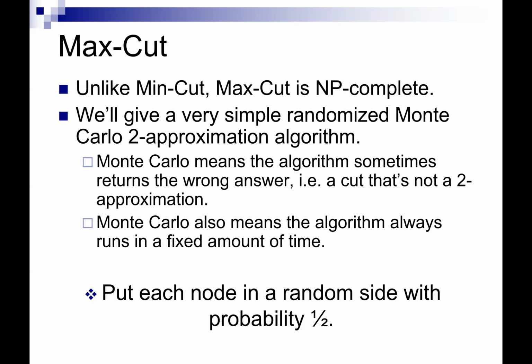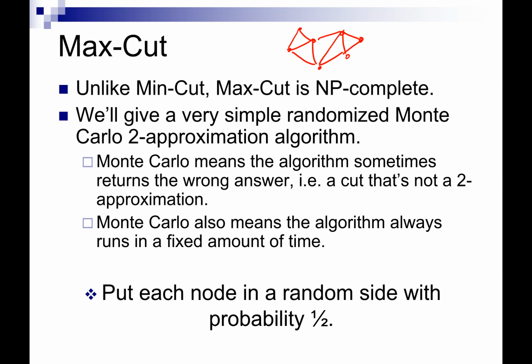Now, I said one of the virtues of randomized algorithms is that they're simple, or many of them are simple, and this algorithm is basically as simple as you can get. Here we're trying to find a cut of the graph. So we have a bunch of nodes, and we want to decide which side they're going to lie on. We have a bunch of edges between them, and the algorithm is just that we go through all of the nodes one by one, and for each node, we put it on a random side, with probability 1/2.